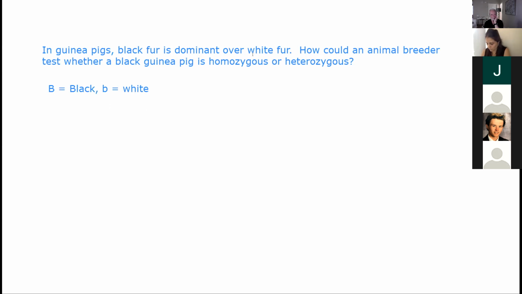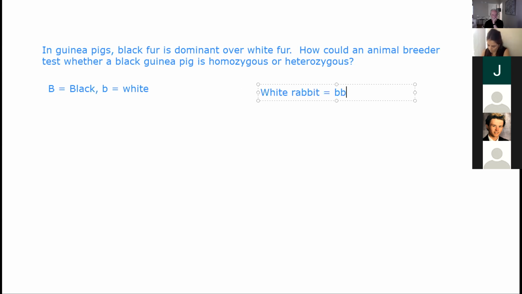So remember, we're doing a test cross here. That's how you figure out whether something is homozygous or heterozygous. So what does the genotype of the white-furred rabbit look like? What are the letters that we're going to use for the white rabbit? Two lowercase b's.